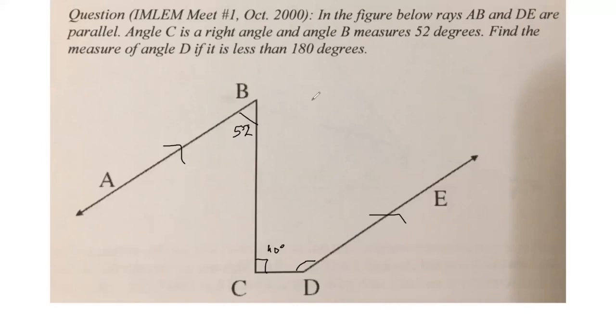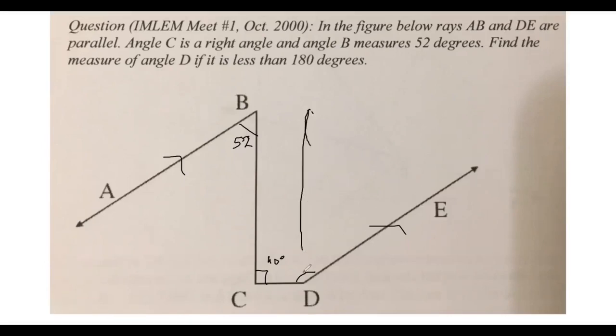It's just drawing a parallel line. So if you draw a parallel line through D, parallel to this line over here, then you'll see that this angle is 90 degrees. And this angle here is equal to this 52 here, because AB and DE are parallel.